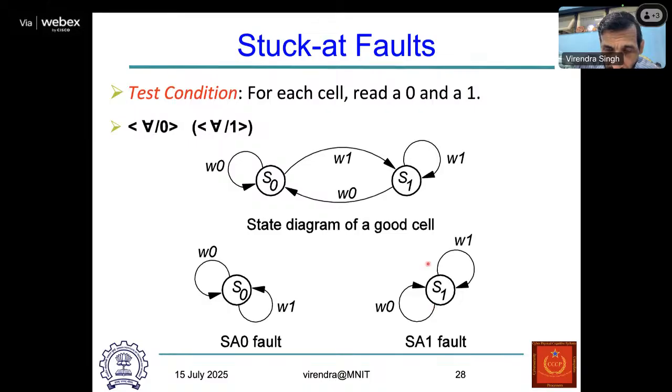However, if there is a stuck at 1 fault, it powers up in state S1, and when I write 1, it will continue to stay in state S1. But when I write 0, it will go back into state S1 rather than going to state S0.